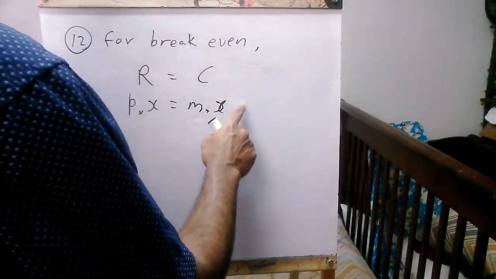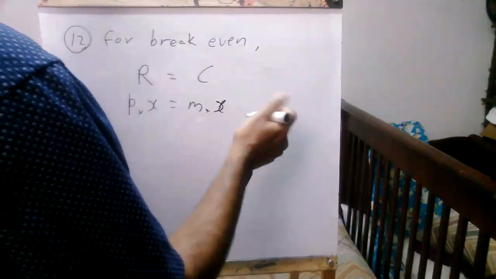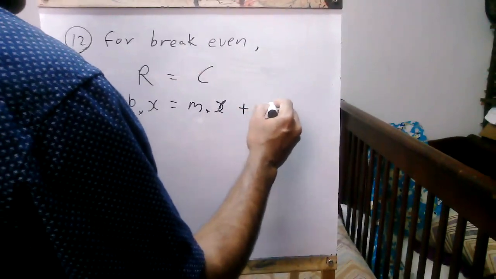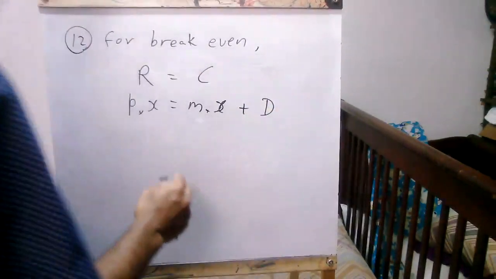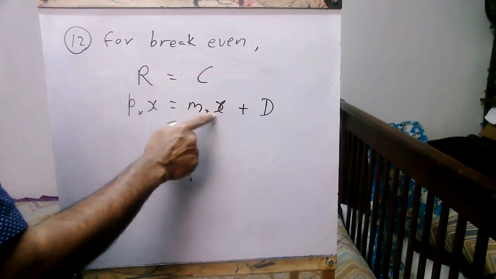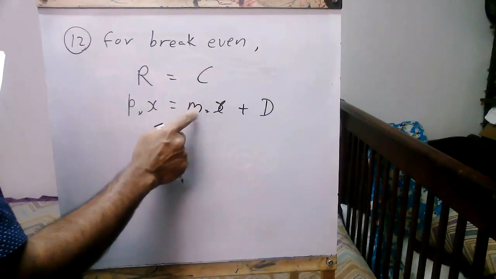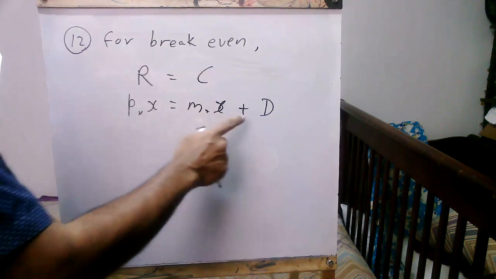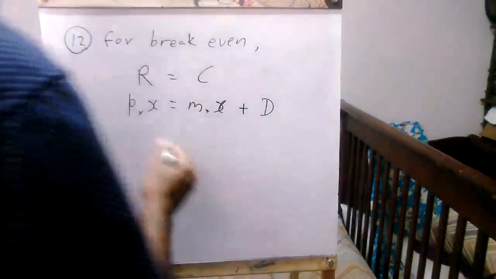And another thing involved with cost is the overhead. Number of items times cost per one item plus the overhead.